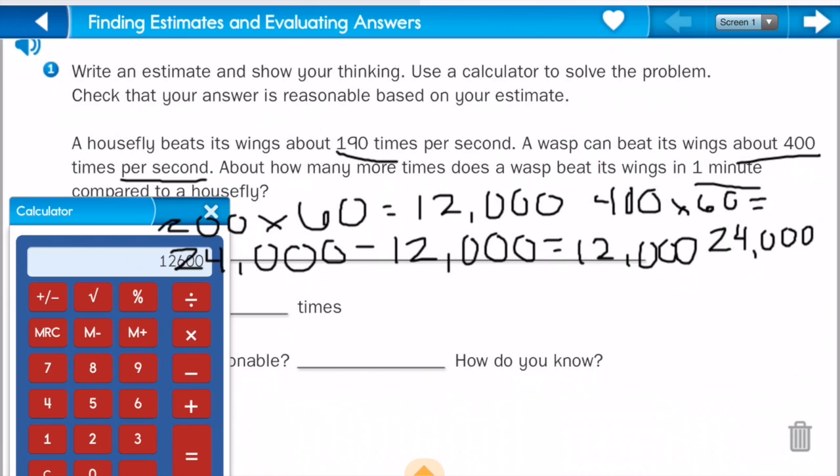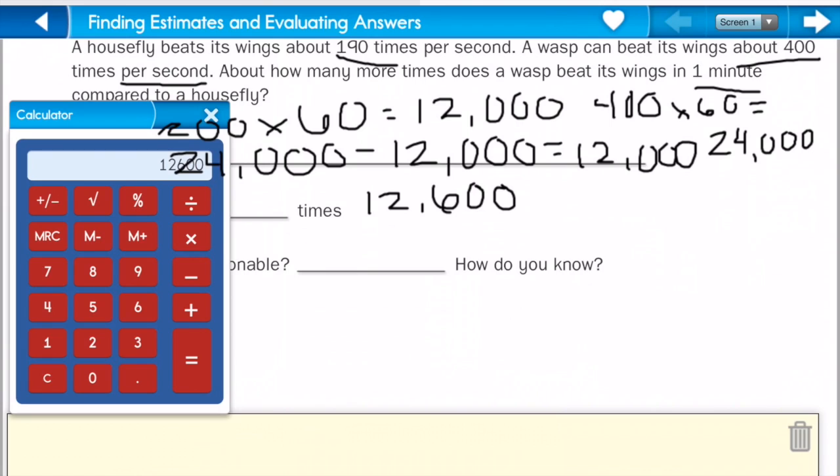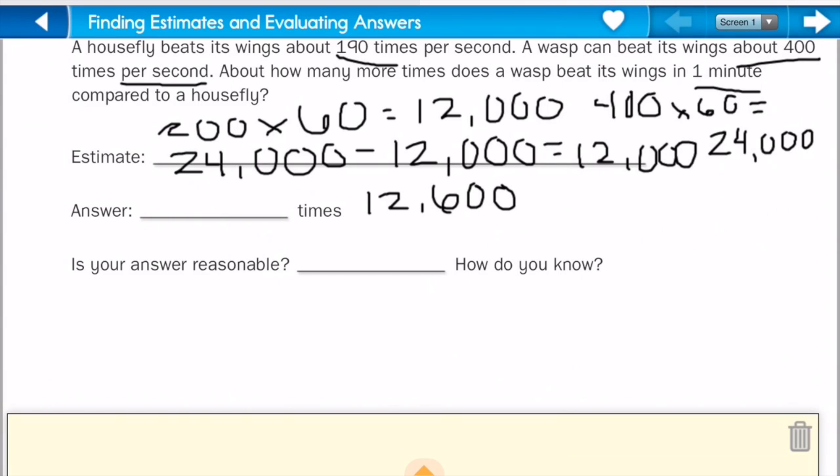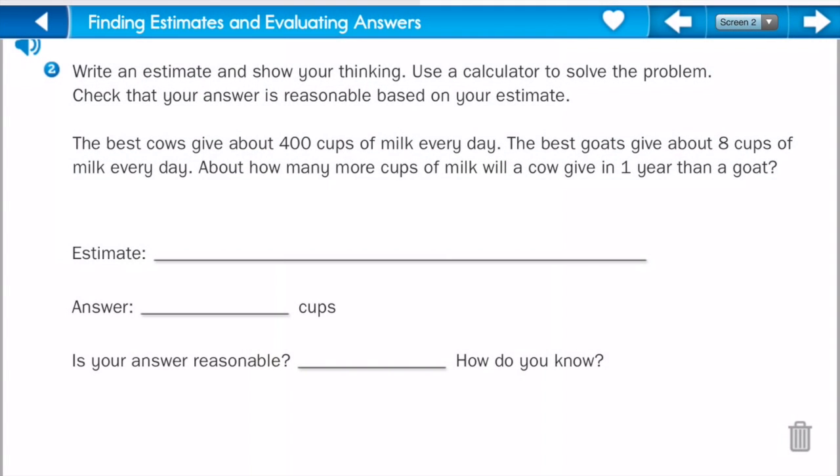So the real answer is 12,600. So we want to know how that answer is reasonable. We know that it is reasonable because our estimate was only 600 off from the real.